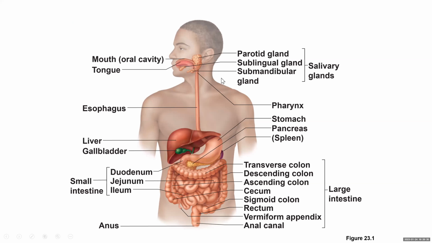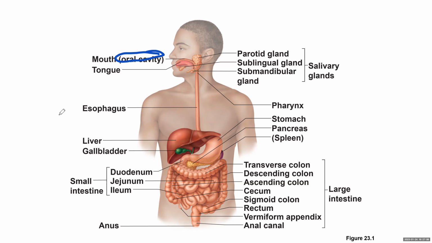So here we can see the anatomy of the digestive system, including our GI tract and accessory organs. You can see we're going to start over here with the mouth or oral cavity, where you will find your tongue, that is an accessory organ.